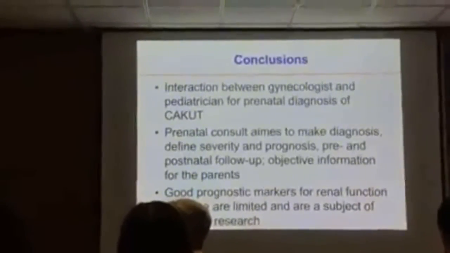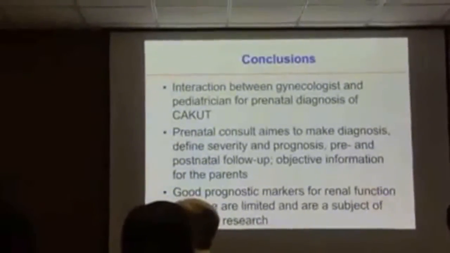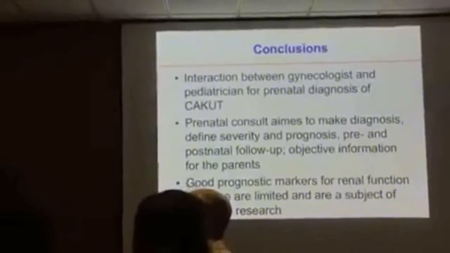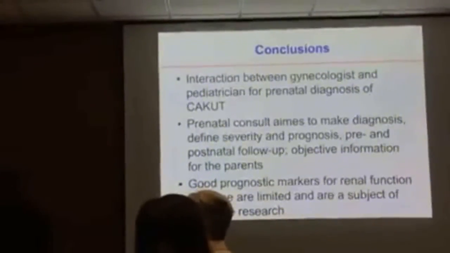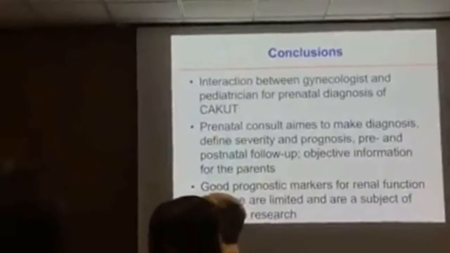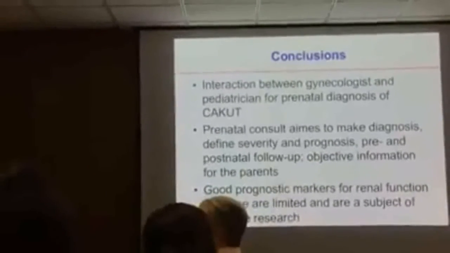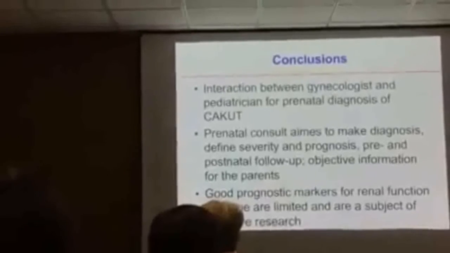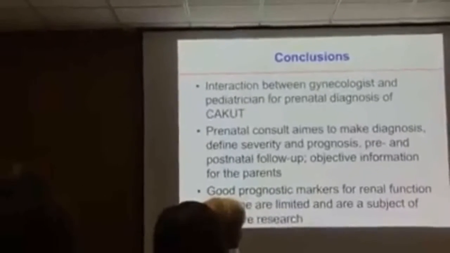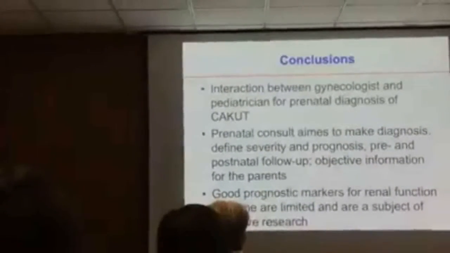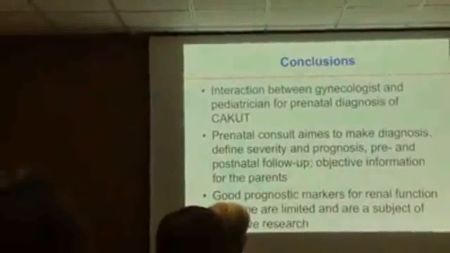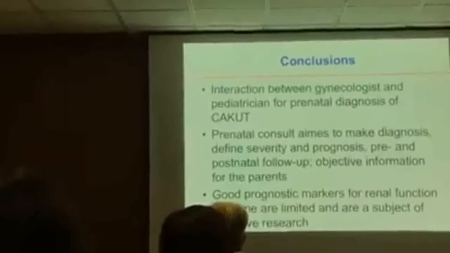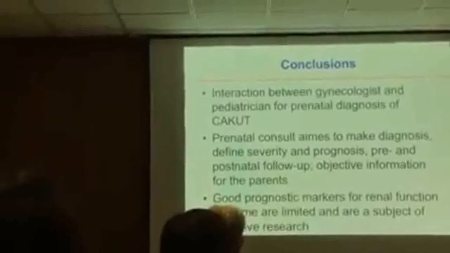I have a question on your idea about the intervention of lower urinary tract obstruction in the fetus. Because you say that we don't have any good prognostic markers, for example, in the first or second trimester, we just see a megacystis. So which is the time you choose to do the interventions?